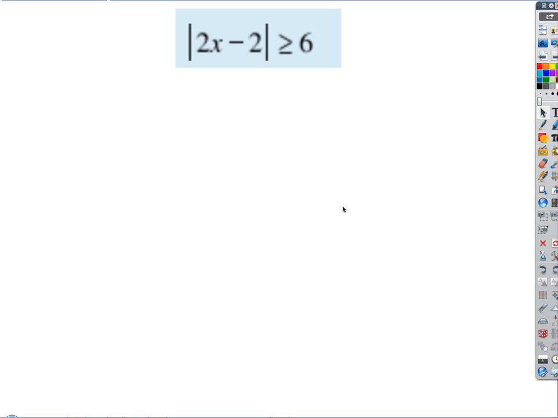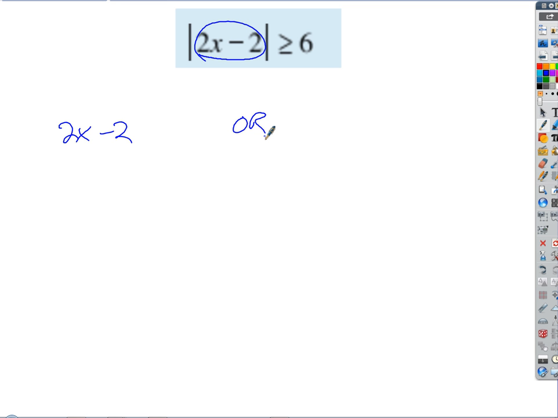It's already done, good. So what's the trade I'm going to make? The absolute value is by itself, so whatever's inside, what do I do with that? Make it an inequality. So 2x minus 2 is what? Remember? It's going to be an "or" one, isn't it? We know that we're going to have an "or", and this is the extreme one, right?